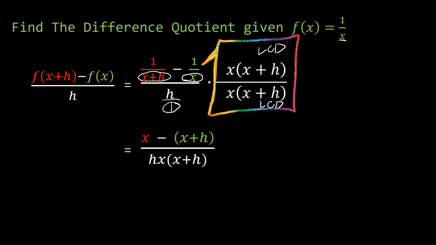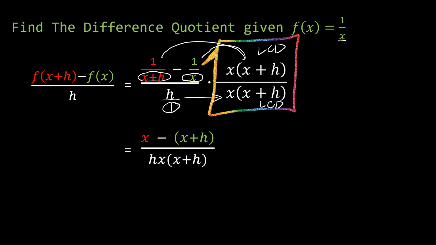The second term, the x value in the denominator, will get canceled out when I distribute that value there. And I will have x plus h all over h multiplied by this, right? Multiply straight across. And here I get to distribute that into each term there.